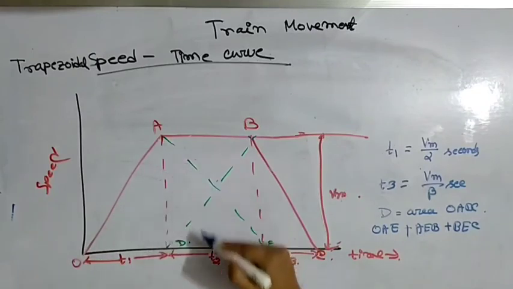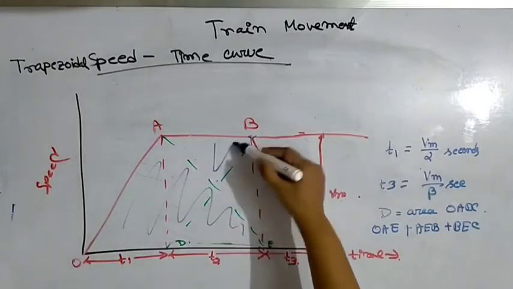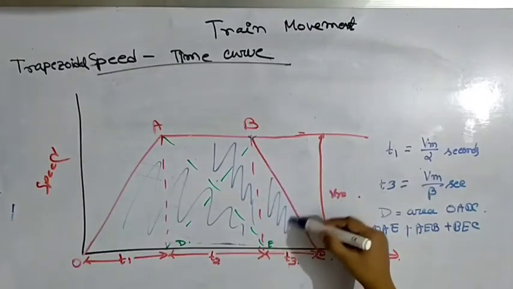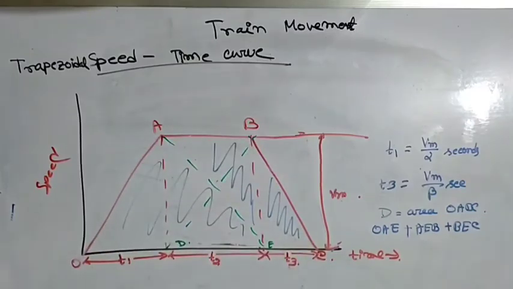So this area plus this area plus this area gives us the total area OABC.